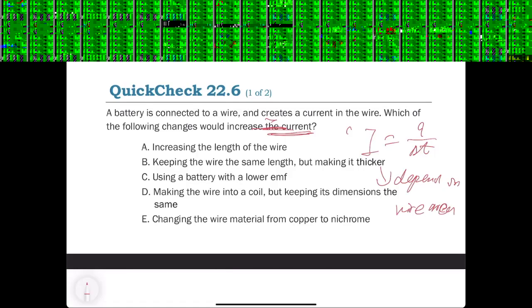If the wire's cross-sectional area is bigger, and more charge goes through it, it will have a bigger current. So this one is right, and the others are not.